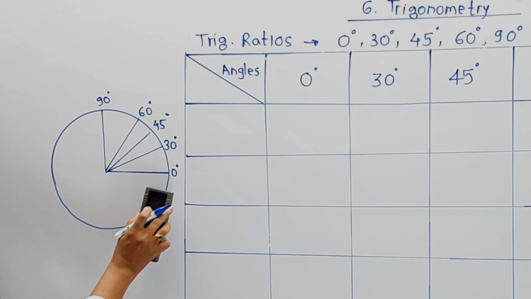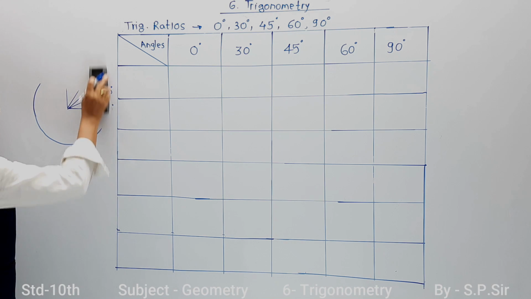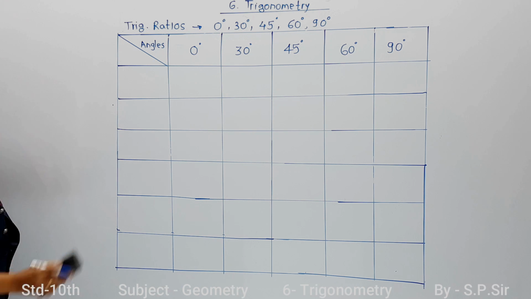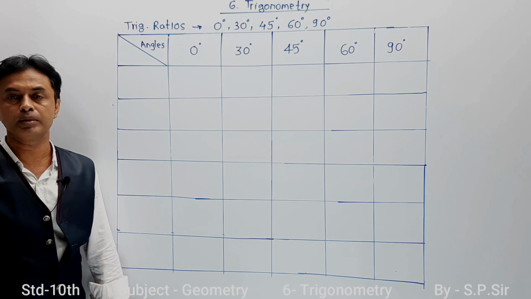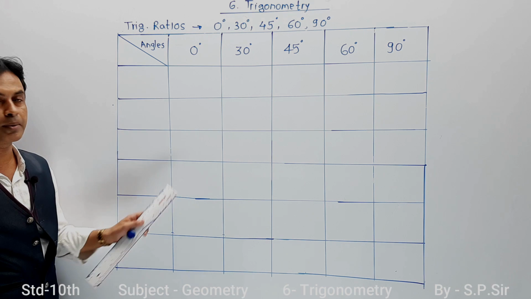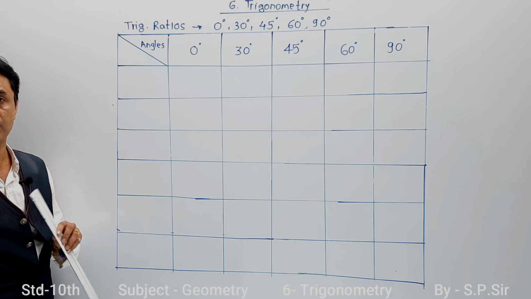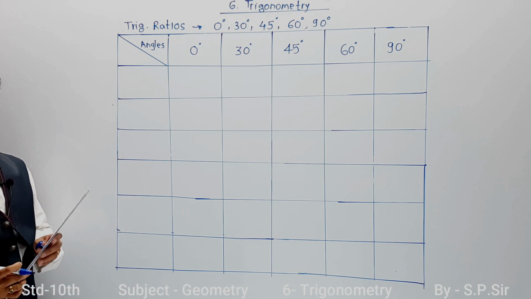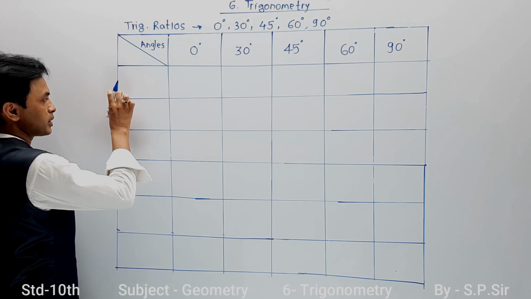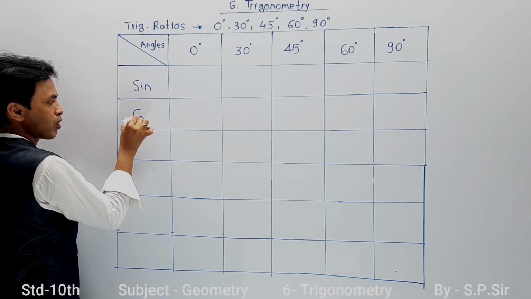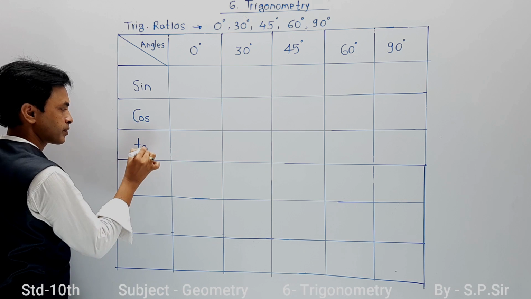Now moving to the next part. In a textbook or any book the method is something different, and whatever method I am going to give you is also different. Every teacher gives his or her own method, and you can remember this table by your own method. First of all write sine, cos and tan.